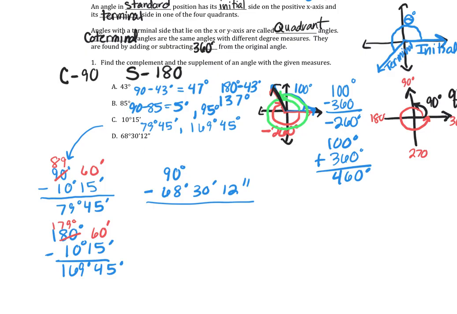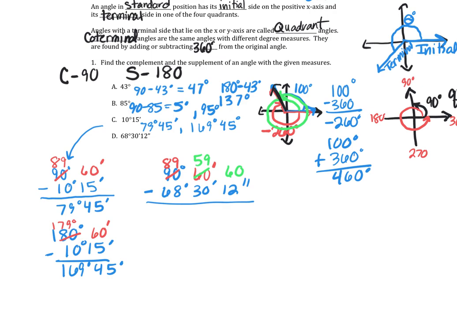Let's subtract vertically. We are going to borrow. So this would become 89 degrees and then 60 minutes here. I have to borrow in order to get to my seconds. So 60 minutes, if I borrow from there, I'm now going to be down to 59 minutes. That gives me 60 seconds.